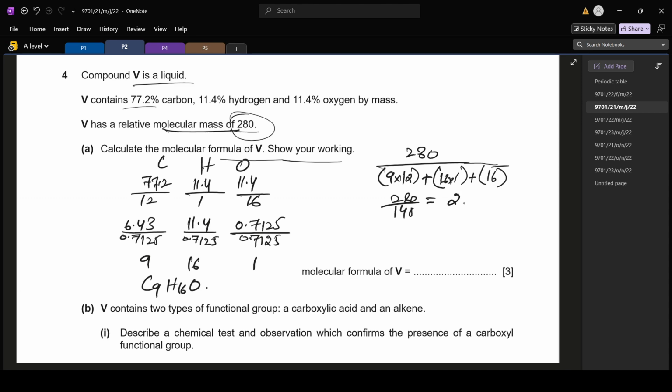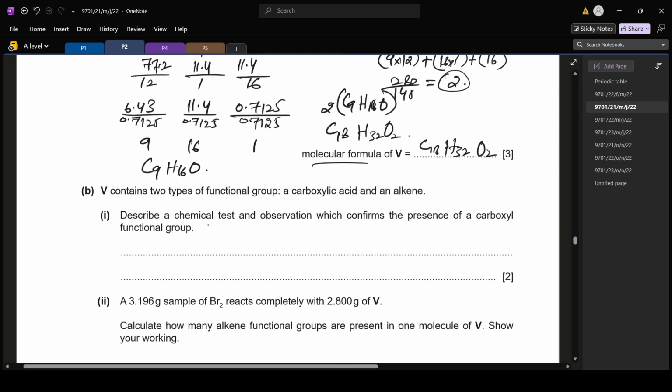Okay, so 2 is the answer, and now you will multiply the empirical formula by 2. So C18H32O2. So this is your molecular formula, C18H32O2.